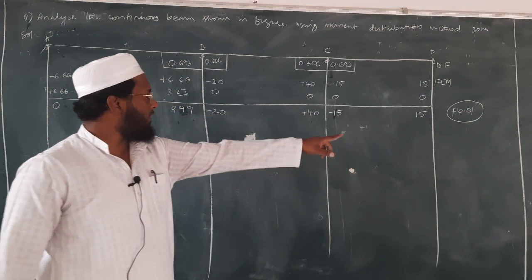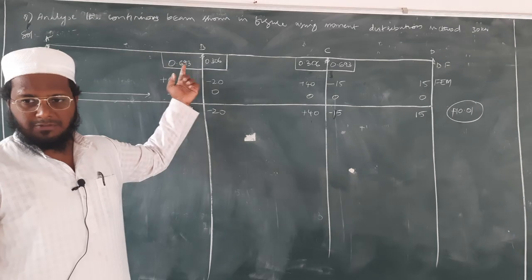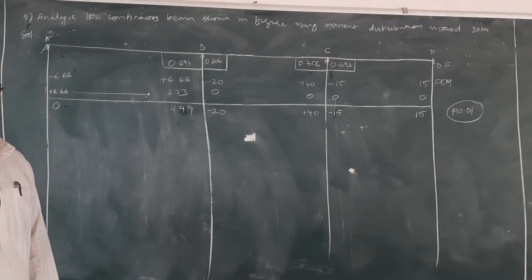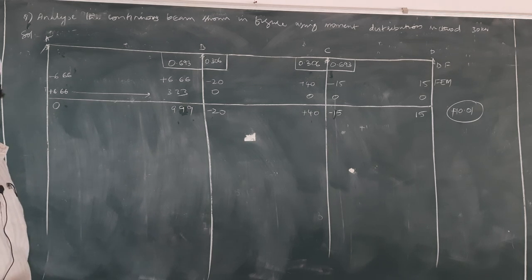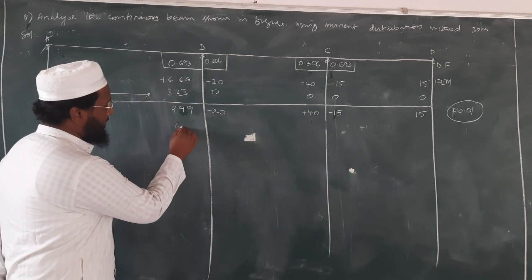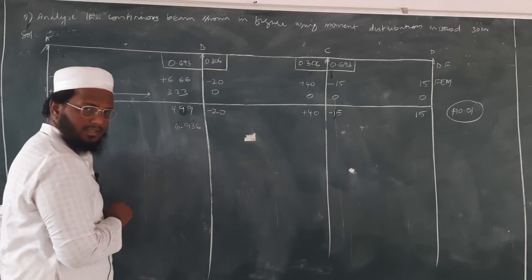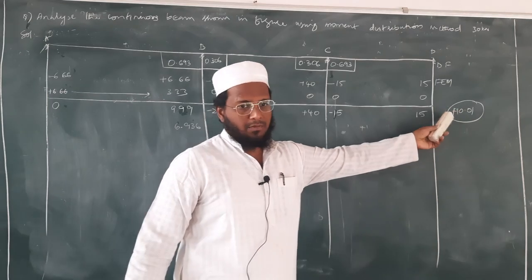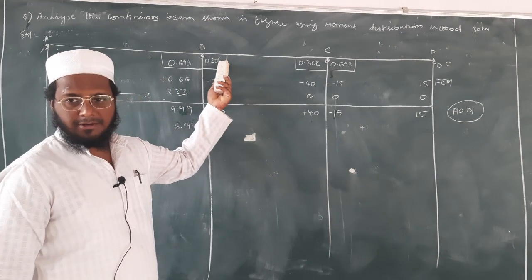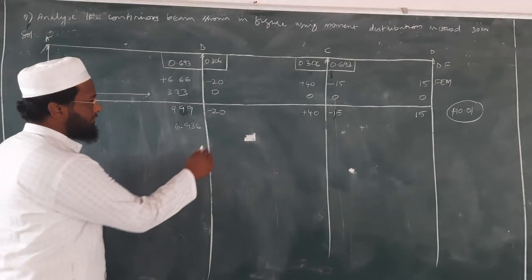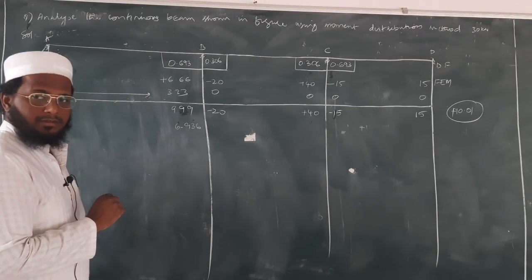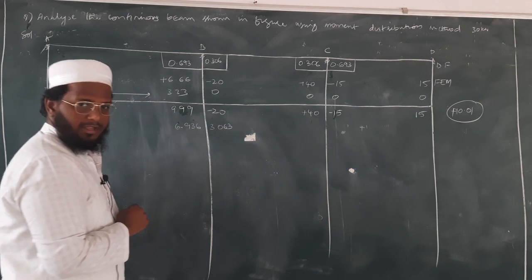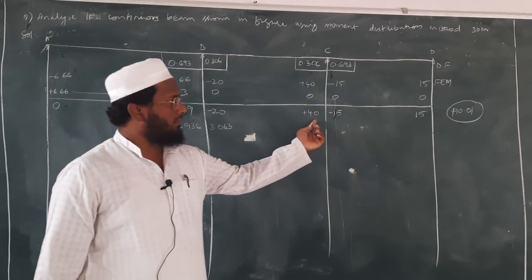So 10.01 into distribution factor. This is 6.936. Okay. Again 10.01 into the respective distribution factor. How much? 3.063.